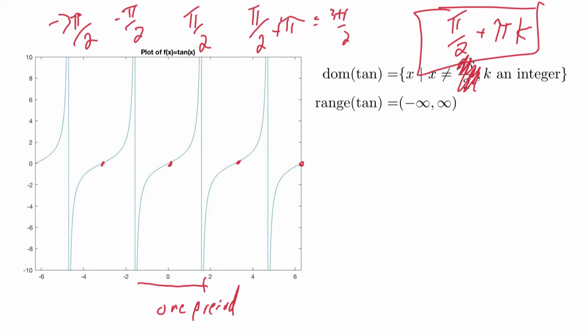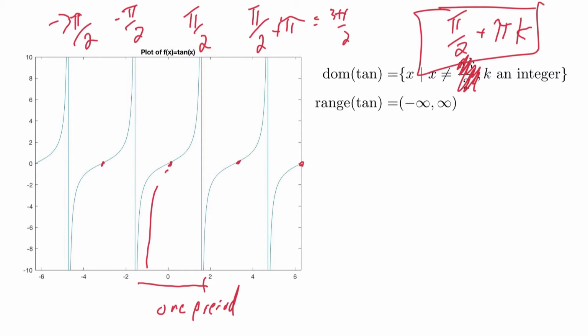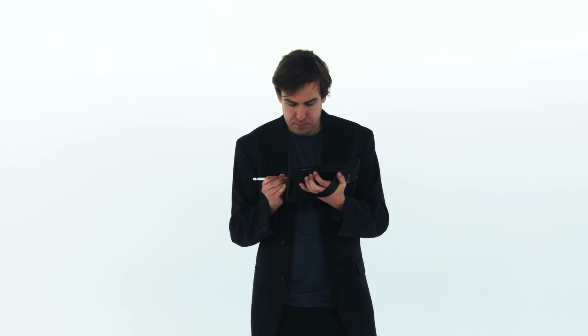So the domain is restricted, but the range is everything. Clearly I'm going to get all negative numbers from, say, this part here, and I'm going to get all positive numbers from this part. So tangent really behaves very differently than sine and cosine. It has restricted domain. I can't be evaluating tangent at pi over 2 plus pi k for any integer k, but it's everything range. So that's sort of a nice consolation.